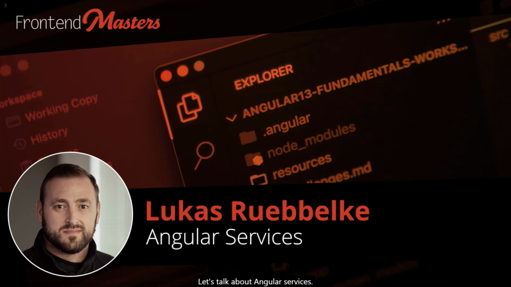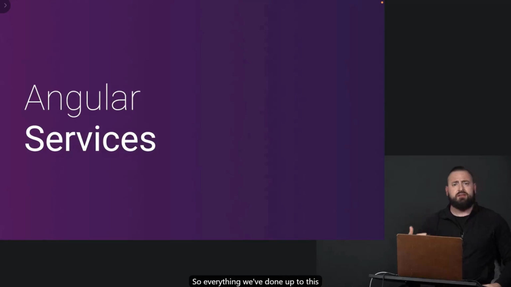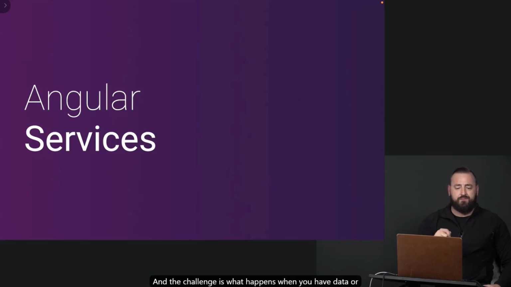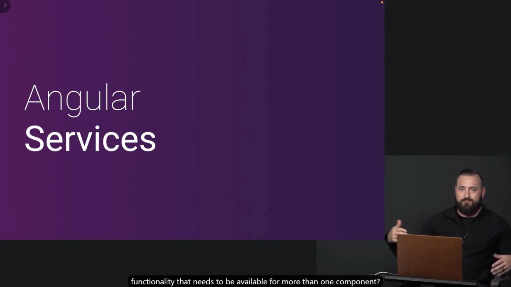Let's talk about Angular services. So everything we've done up to this point has been within the context of a component. And the challenge is what happens when you have data or functionality that needs to be available for more than one component.